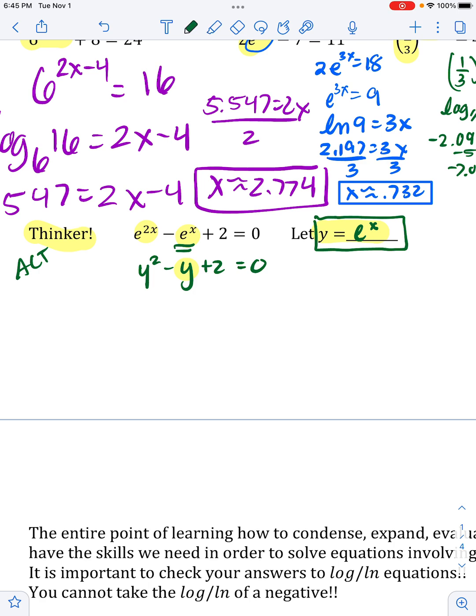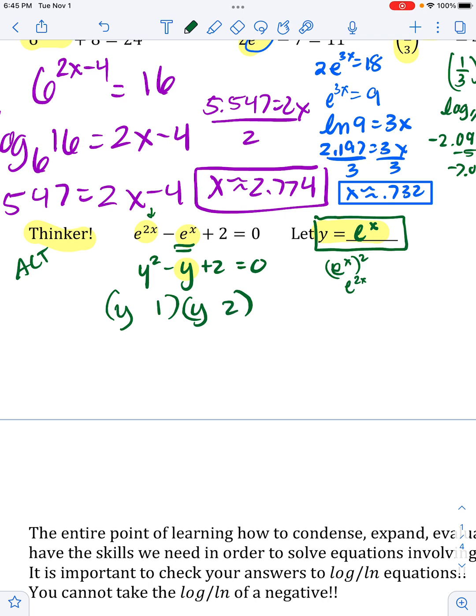And if you don't understand, this y equaling e to the x means I put a y in the middle where the e to the x was. And if you take e to the x and you square it, like in this first term, it just becomes e to the 2x, because we know that you just multiply the powers. So that e to the 2x is really my e to the x squared, therefore y squared. So once I know how to set that up, then I can go ahead and factor it like I'm in Algebra 1.